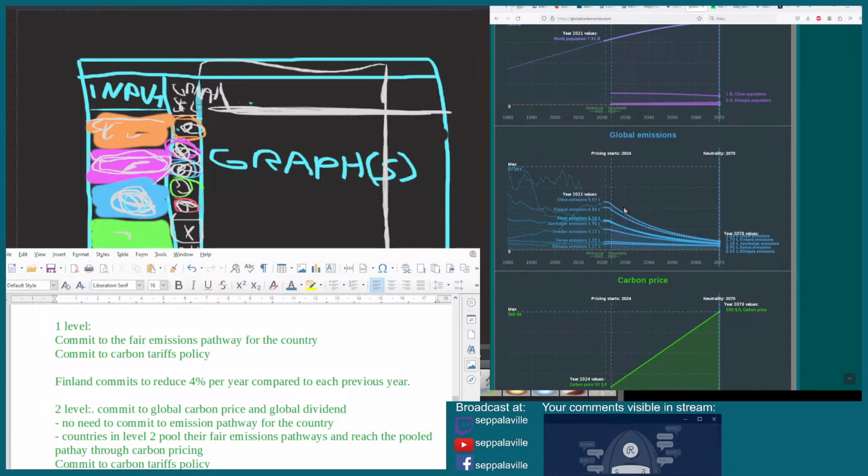They could see that okay, there is this convergence happening, even if they don't know what convergence means, they would see how in these graphs the countries are coming together, and okay, the high emission countries, they will have to reduce faster, but it seems fair because we are so high up and stuff like that.